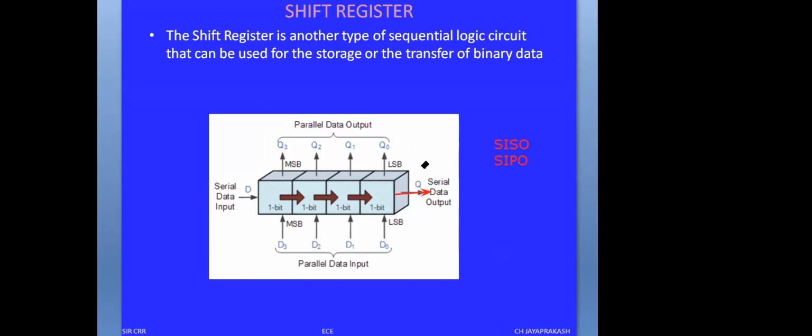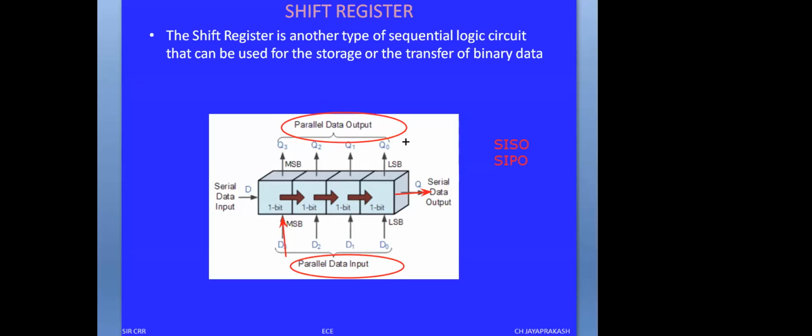Similarly, we can enter the data serially, and we can also enter the data in parallel. This is the parallel data transmission. We can enter the data parallelly from D3 to D0, and we can read the data in parallel.